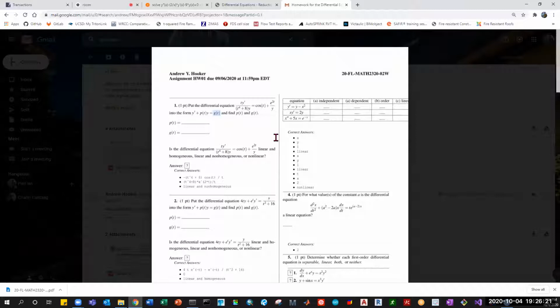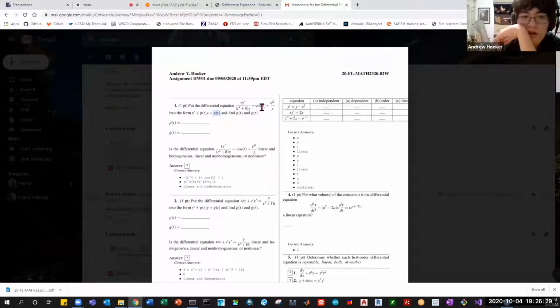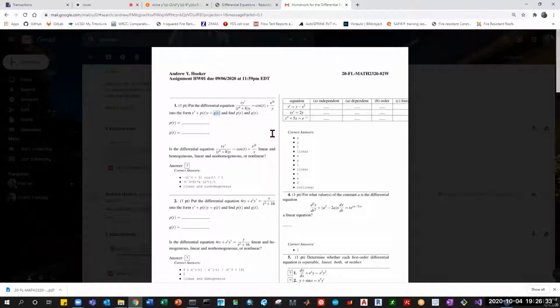If terms are multiplied by y, they have to be on the left-hand side. This cosine t only needs to be brought over if it has the y. It's not multiplied by y, so that's how you look at it.